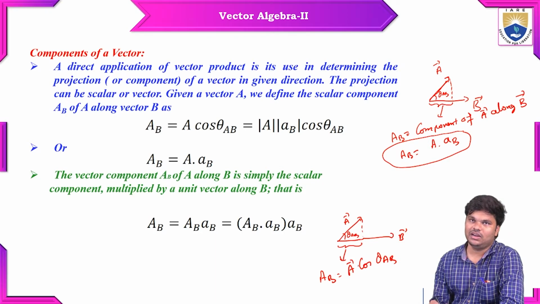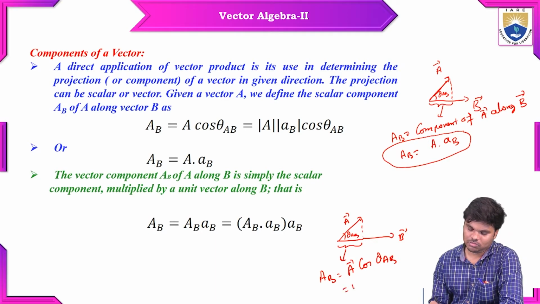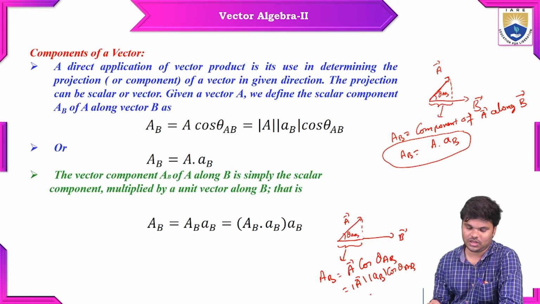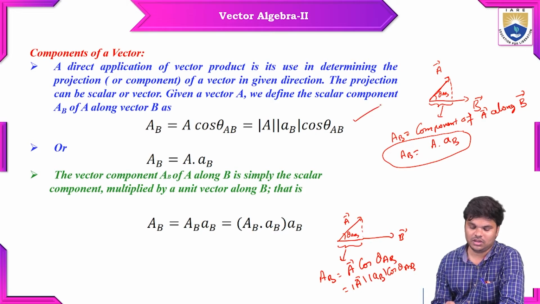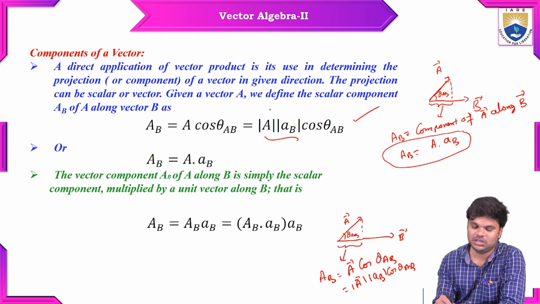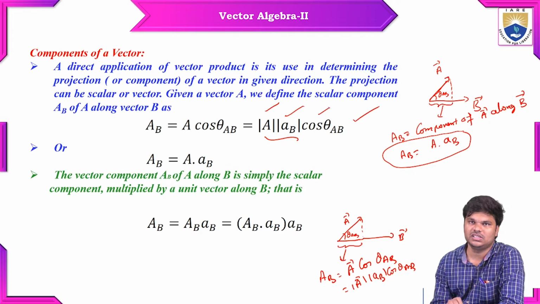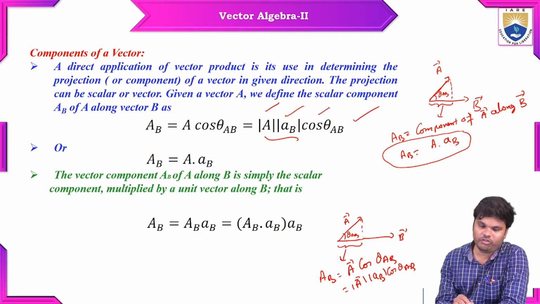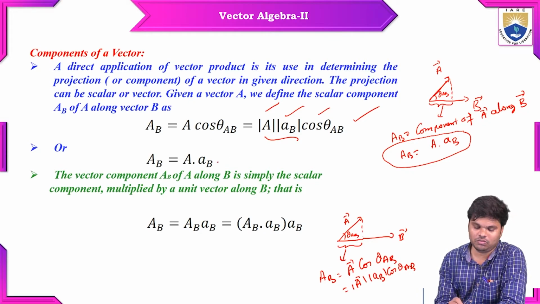And this can be written like this: mod A bar into mod of B hat, the unit vector along vector B, and cos of theta AB, because mod of B hat is nothing but 1. Okay. But here it is a scalar quantity. But if we want to find out the vector component, then what should we do? We just have to multiply with B hat, which is the unit vector along B.